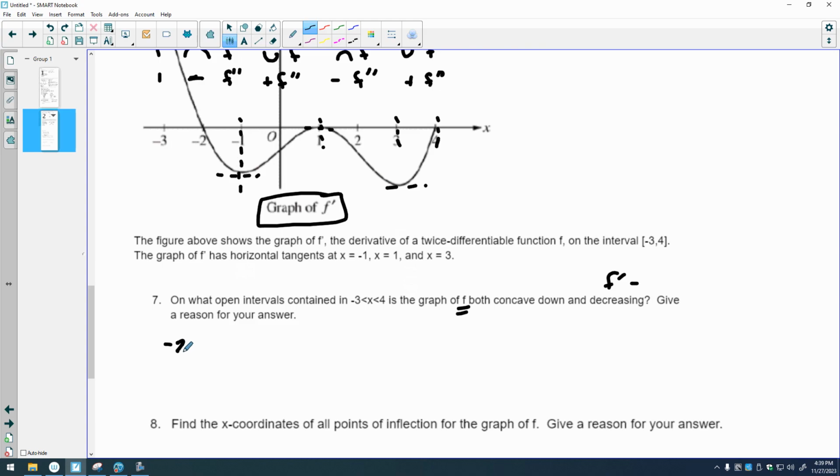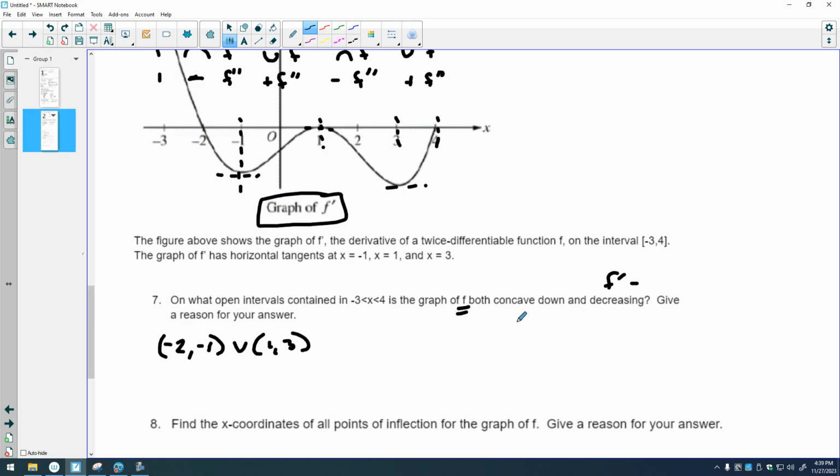So from -2 to -1, unioned with from 1 to 3. It is both decreasing and concave down. Okay?